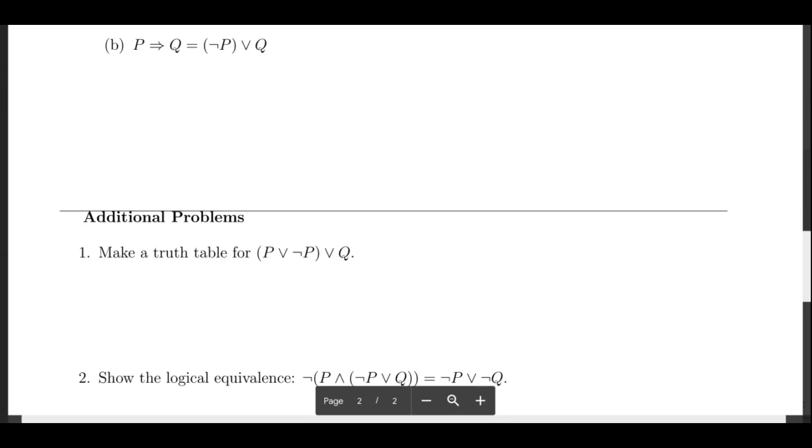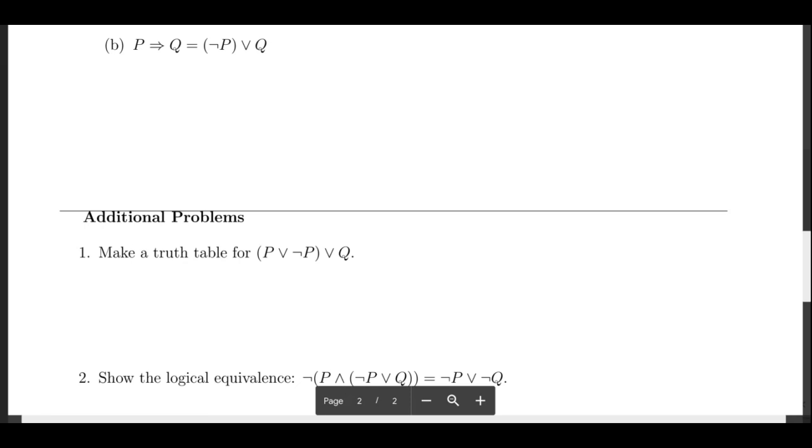Samuel, what do you think? P or not P? Remember, or requires only one of the statements to be true. If P is true, not P is false, then P or not P is true. If P is false, not P is true, then the or statement is true, because or only requires one to be true.